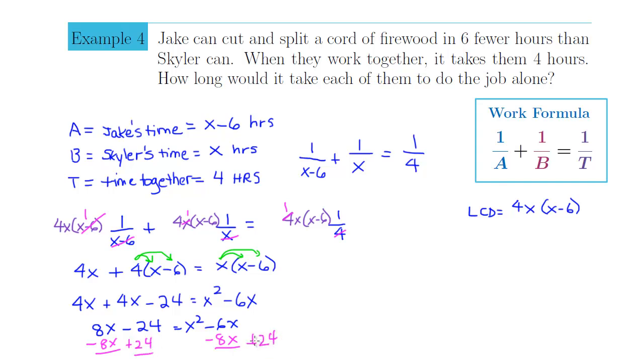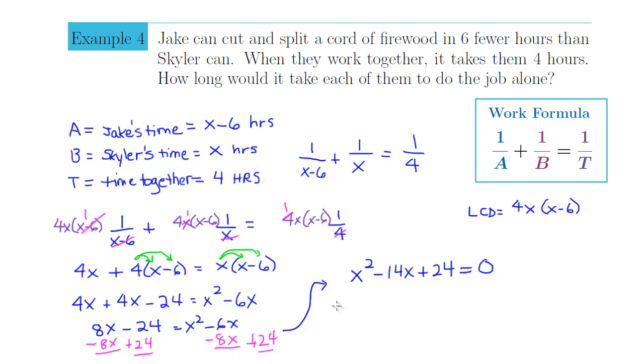So we put everything together on one side, and this is going to give us the following equation: x squared minus 14x plus 24 equals 0, because the left side goes to 0, correct?